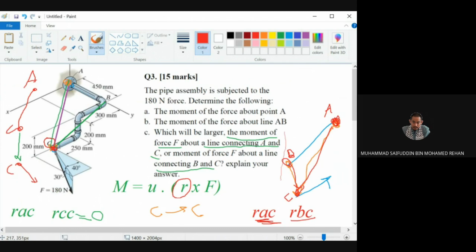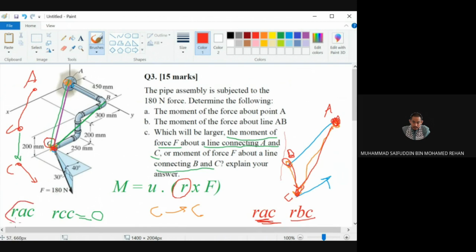From a logical perspective, if you have a force about a point and the force goes through the point, it doesn't rotate the point. Similarly with the axis, it will not rotate the axis because it goes through the axis.